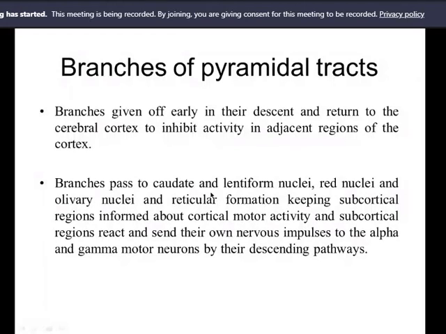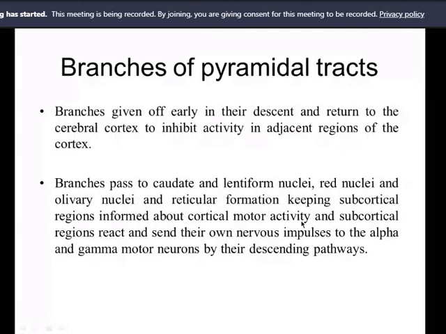That means the extrapyramidal tracts originate from there. So branches are there to the extrapyramidal tracts also, keeping the subcortical region informed about the cortical activity. Because when the pyramidal tract is working, the subcortical portions are also working, because the rubrospinal, tectospinal, reticulospinal and vestibulospinal tracts are all under the cortex.